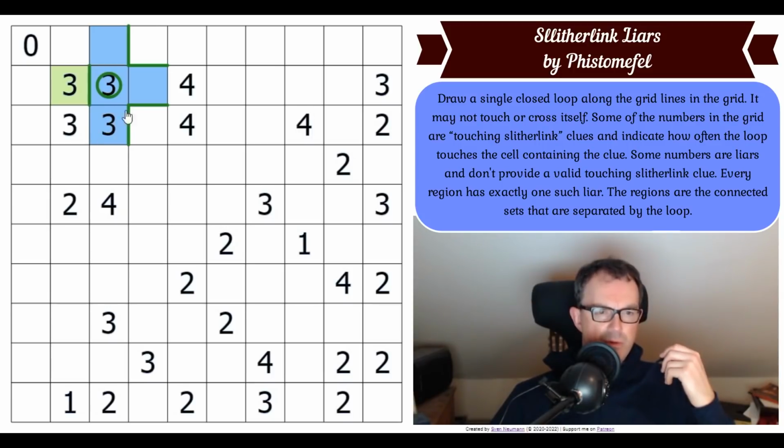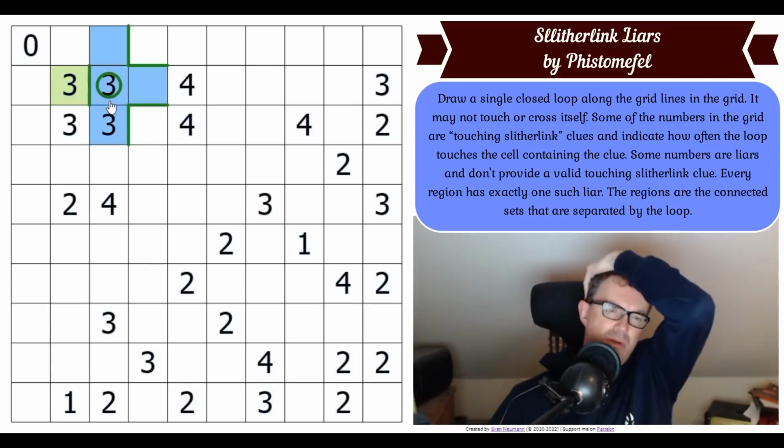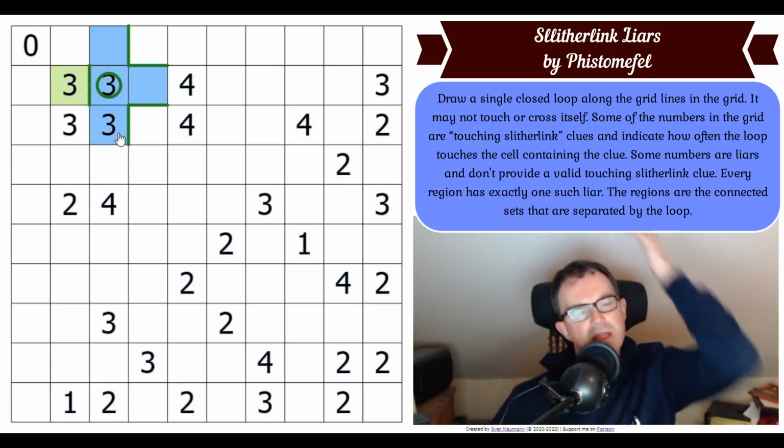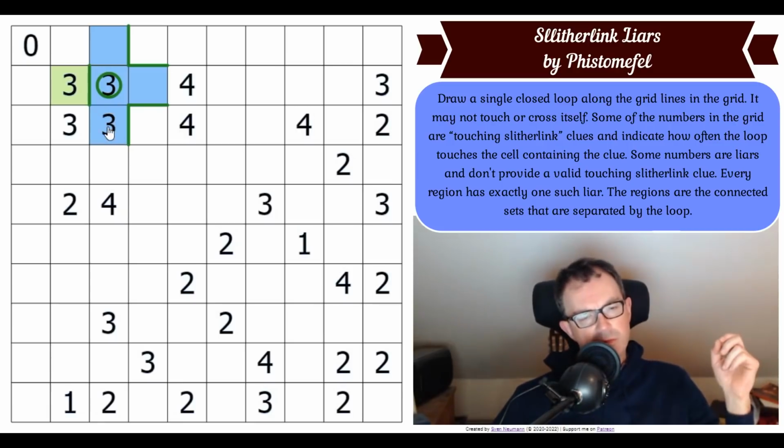If this is wrong, so this is right, this is wrong, which means there are so many ways of making it wrong, though. If we made it wrong like that, then can you do that, for example?